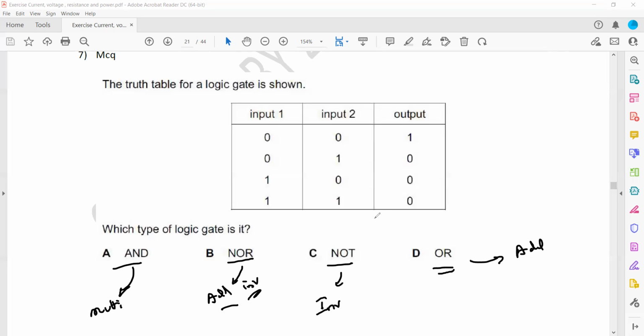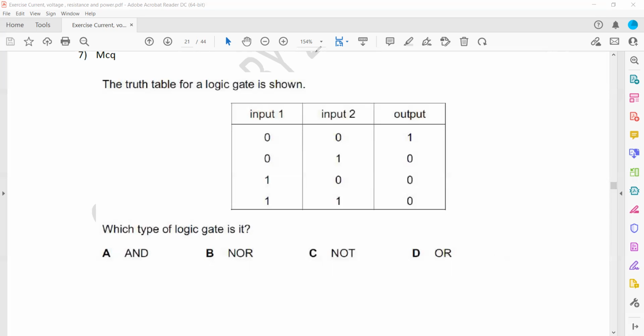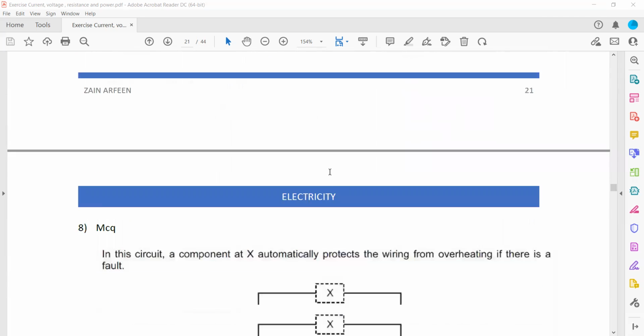So C can never be an answer because a NOT gate has one input and one output, not two inputs and one output. That's why it is totally wrong. If it was an OR gate, 0 plus 0 should be 0, but it is not an OR gate. If it was an AND gate, 0 multiplied by 0 should be 0, but it is not an AND gate. So we are left with only the NOR gate. So I can check all the options and work out which one it matches.